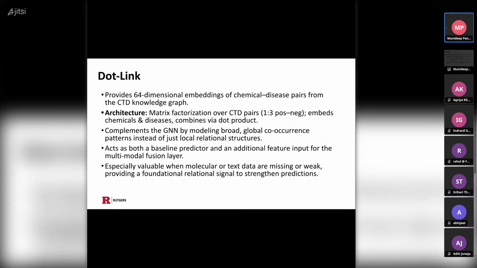All of this is combined in the form of embeddings, which will be fed into our final model. The DotLink is a very basic version. It's a baseline predictor and adds an additional feature input. We use the DotLink output as one of the metrics to measure how good the candidates are.